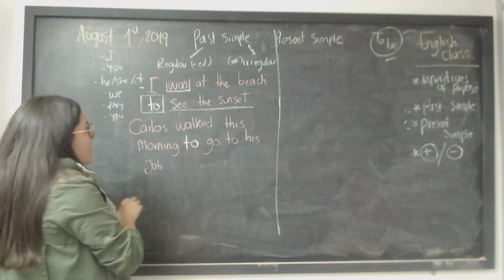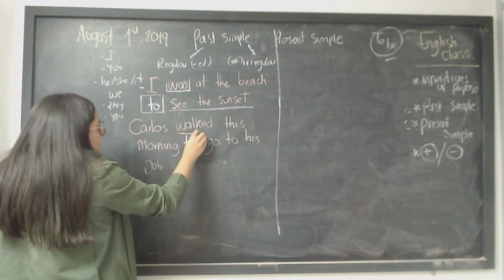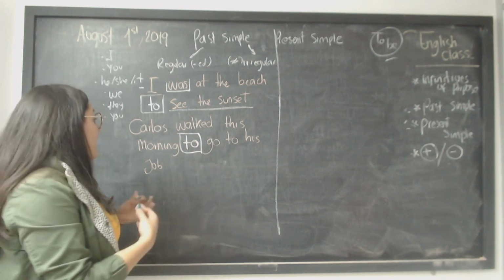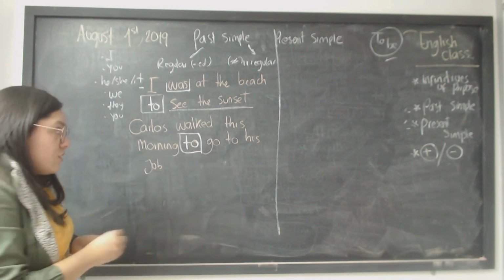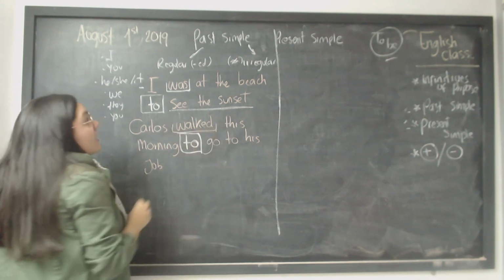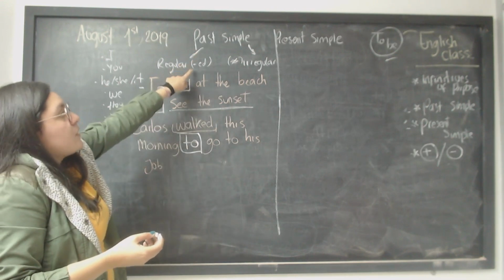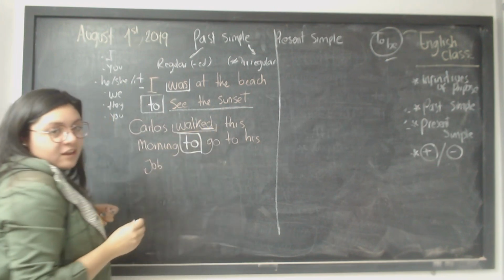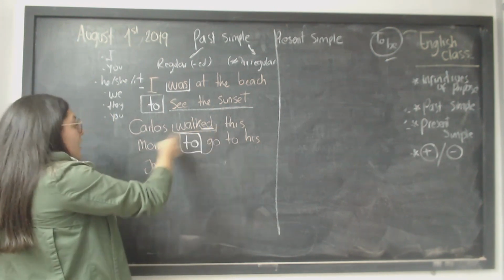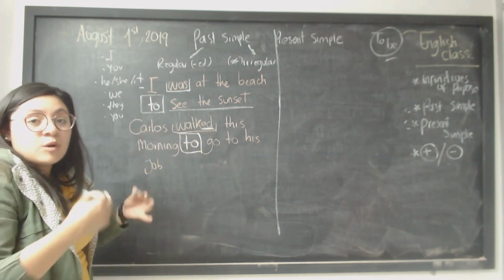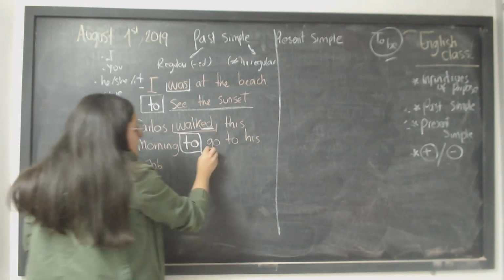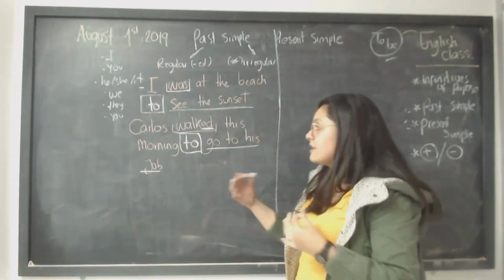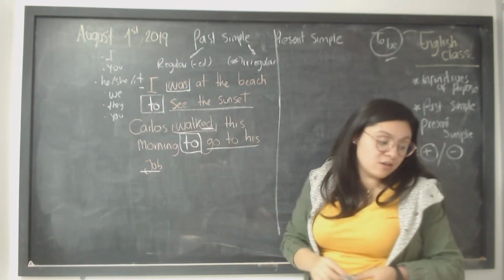So the infinitive of purpose here is to. Remember that it is telling me the reason why I'm making the action. So, the action here is walked, and if we are making it in past simple, remember that all of the regular verbs end in ed. So that's why I'm adding ed here, okay? And also, the reason why Carlos was walking this morning, la razón por la que Carlos estaba caminando era porque tenía que irse a su trabajo. So to is the reason why. Entonces el to es la razón o la palabra que me conecta las dos oraciones.